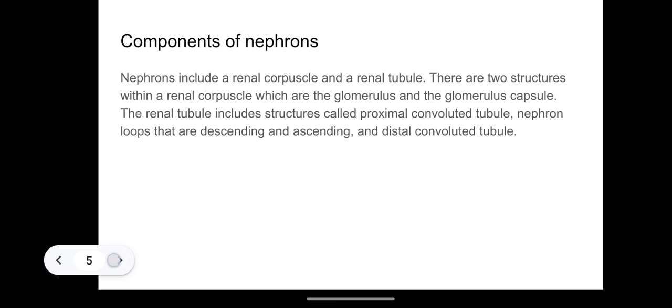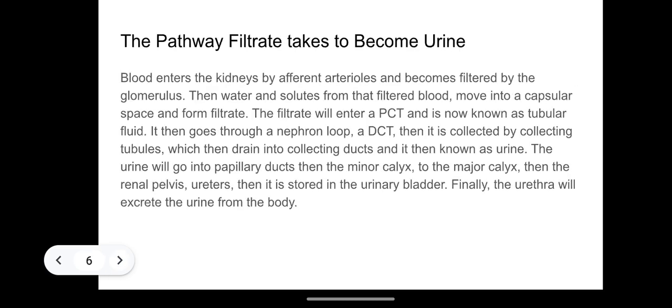Alright, continuing on. Now, this is the pathway that filtrate will take to become urine. So, blood will enter the kidneys by the afferent arterioles, and it becomes filtered by the glomerulus. Then water and solutes from that filtered blood will move into that capsular space and form filtrate.